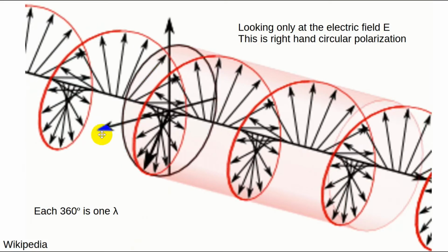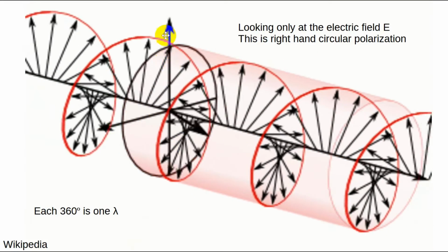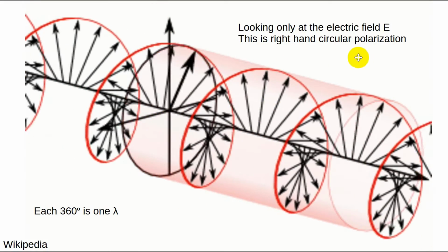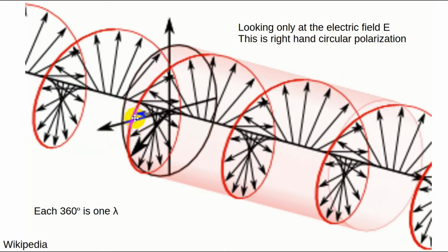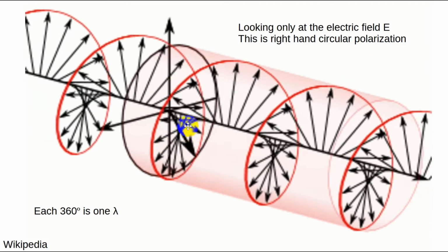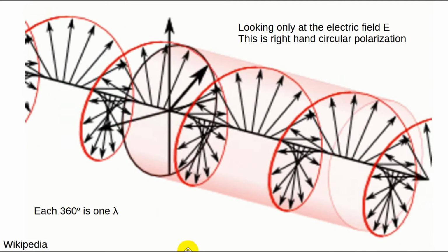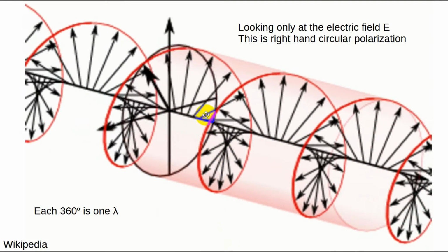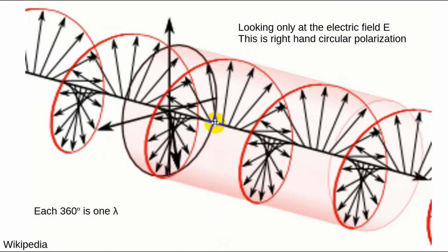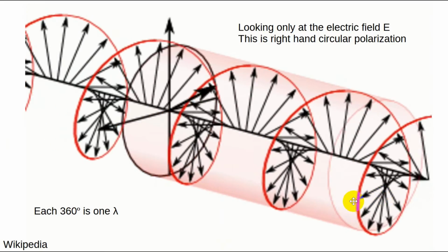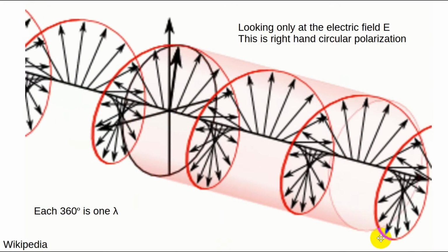Here are your axes, up and horizontal. Now, notice this spinning arrow. That spinning arrow, which should be a different color, otherwise it's very hard to pick out, is going around in a circle, tracing out what looks like a spring or a helix.